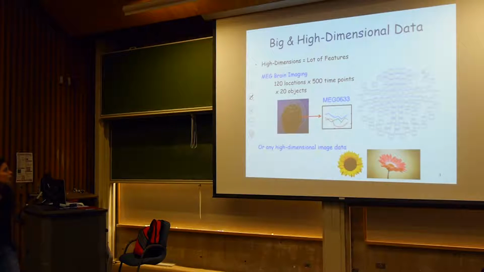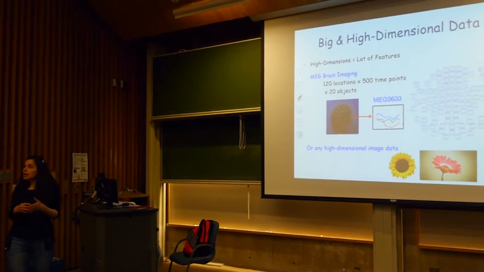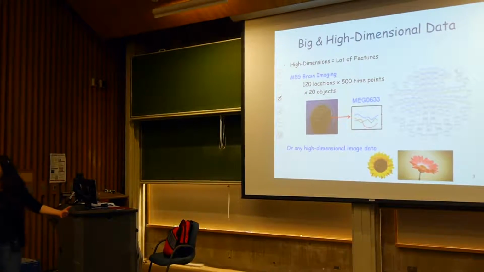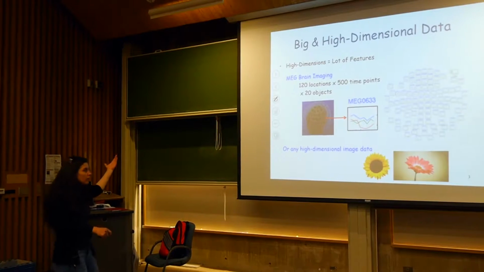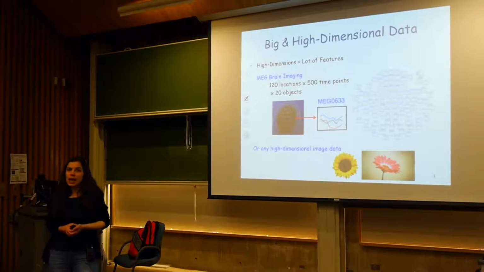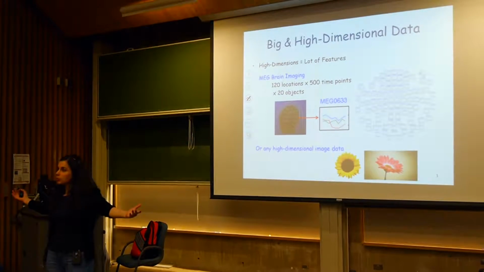Or if you are doing brain imaging, which is something that Tom Mitchell is doing, then you could measure the brain activity in different locations in the brain, and you might be doing so at, say, half a millisecond intervals. Then you get very high dimensional data. Or even image data: if we have very high resolution images, that's also very high dimensional.